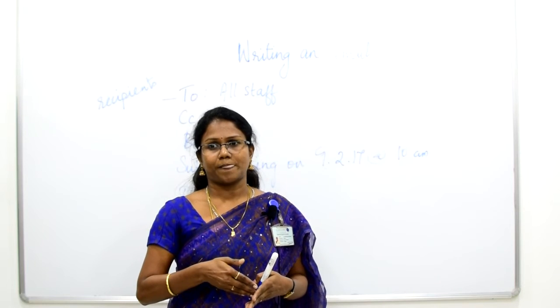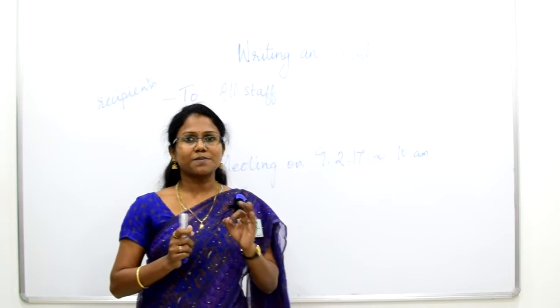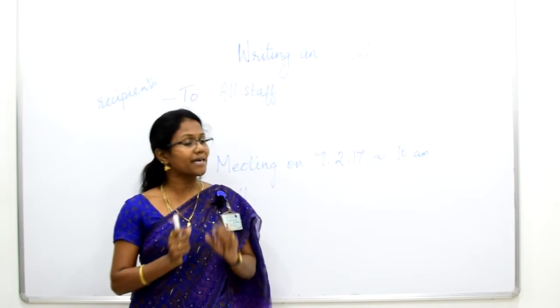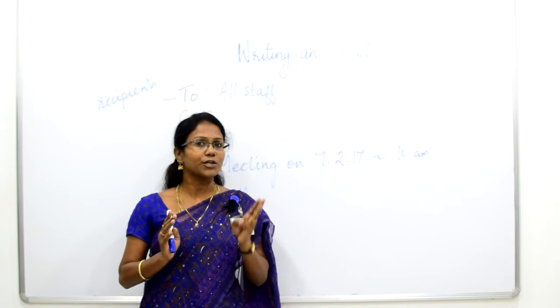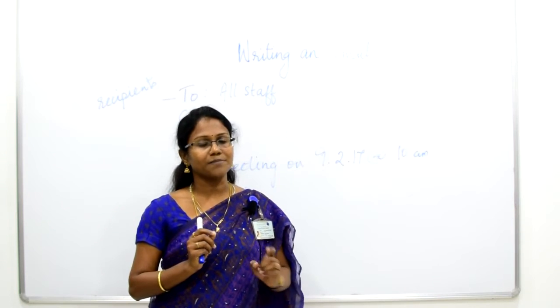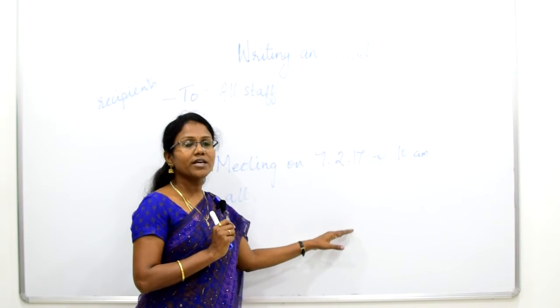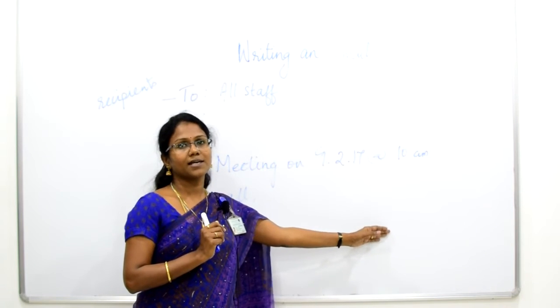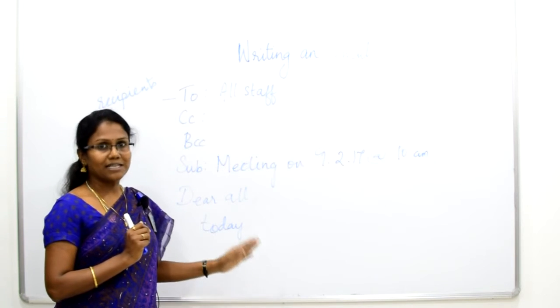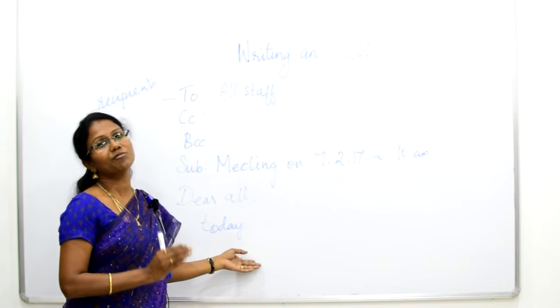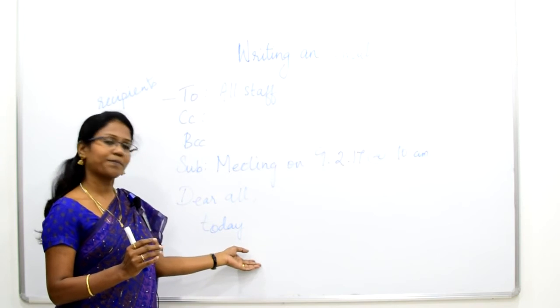So, please be specific. When it comes to writing anything, the ABC of writing has to be kept in mind: accuracy, brevity and clarity. So, give the specific date and time, and that would save a lot of time for all the people around you.